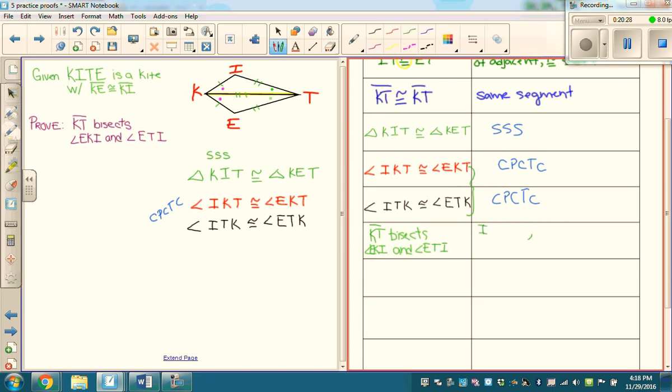If a segment divides an angle equally, then it is a bisector.